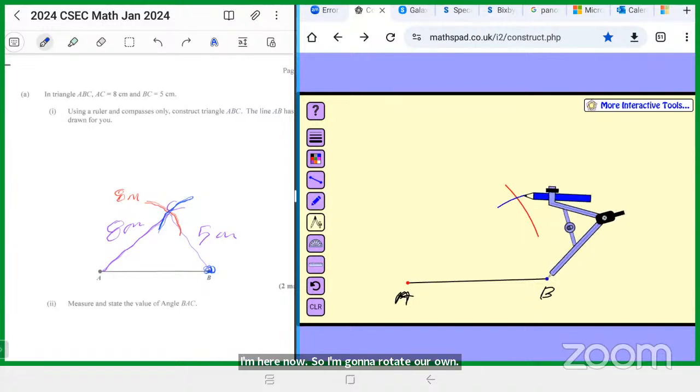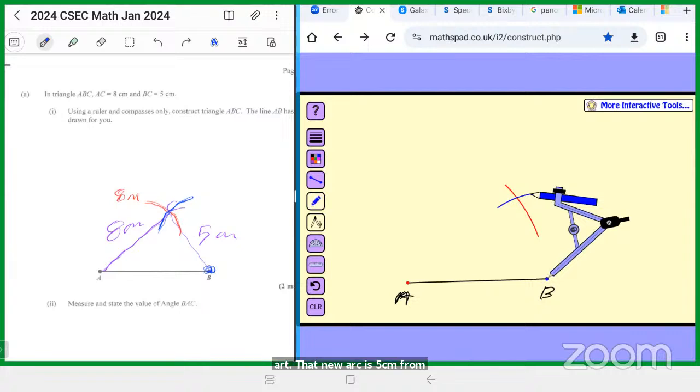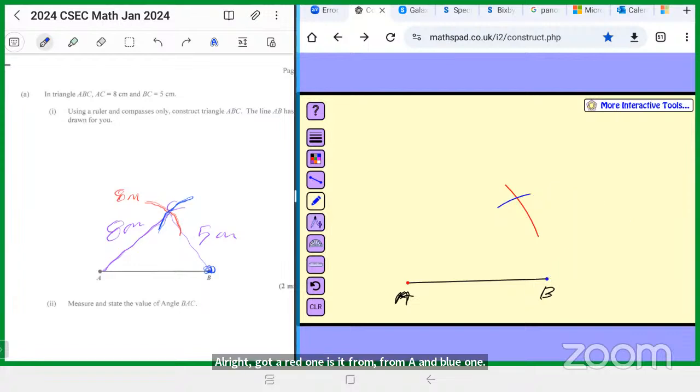That blue arc is 5 centimeters from B. So where the two arcs meet is where C is, because the red one is 8 from A and the blue one is 5 from B. So this point right here is where C is.